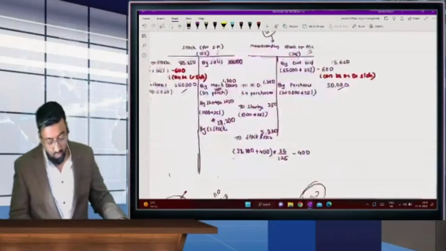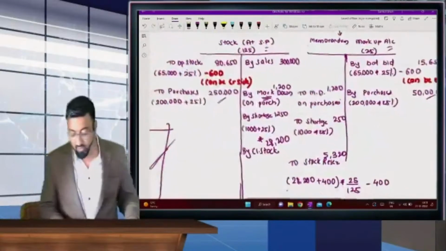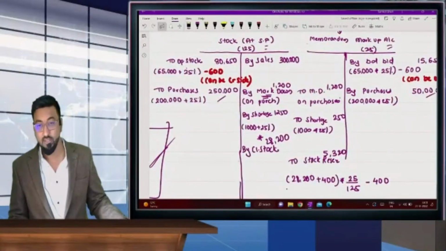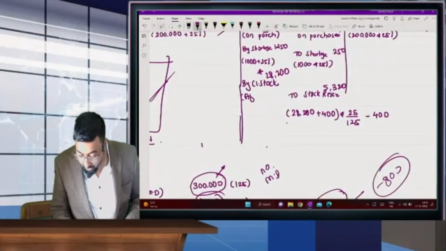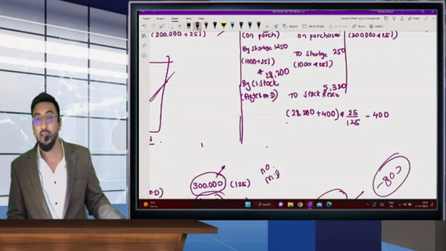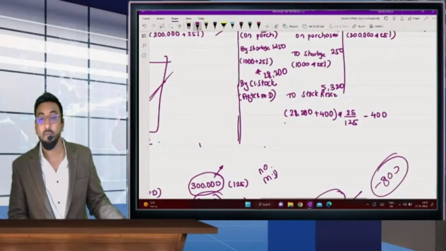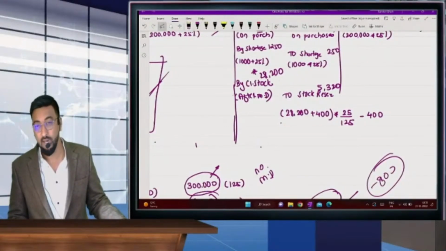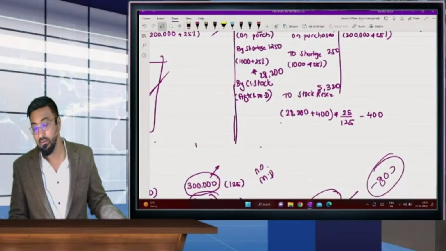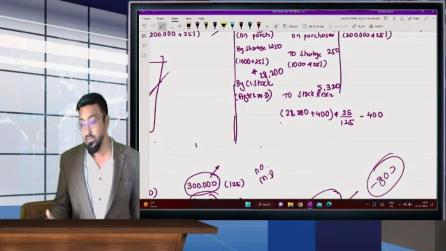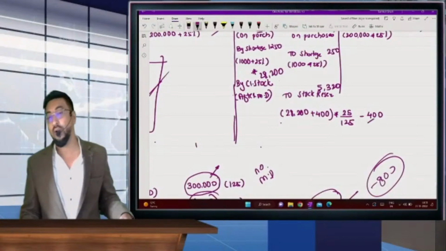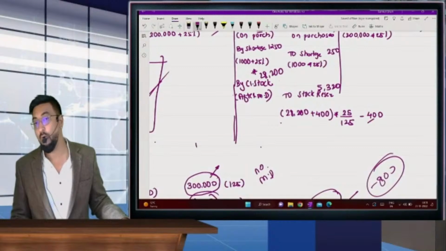Now this is how you have to calculate. First, you will calculate balancing figure, closing stock. In closing stock, this is after markdown. While calculating profit, first you will add 400. Then 25 upon 125, it's my loading. But this is after calculation of 400. So again deduct 400 to get the correct profit.